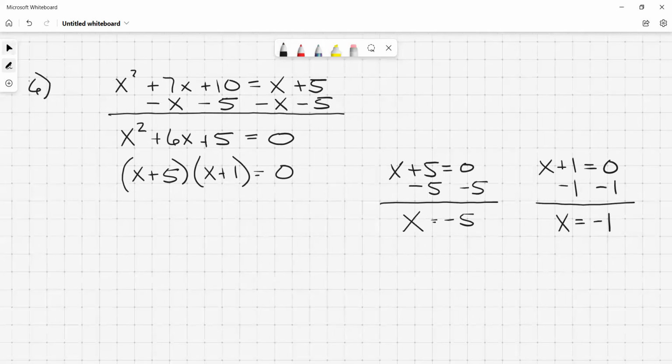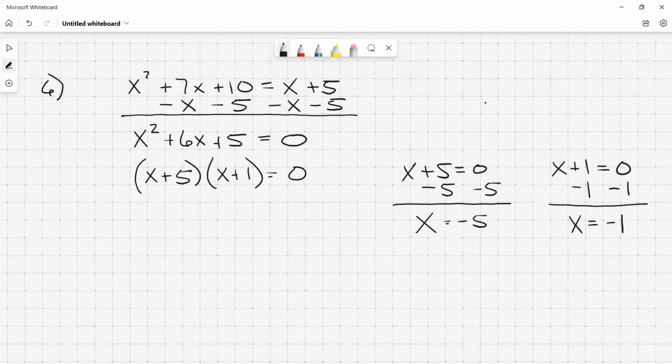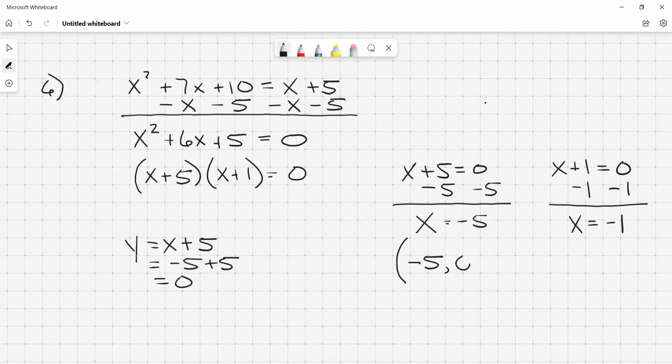Now remember, you had to take each of those x's and substitute them. One of your equations was y equals x plus 5. When we put the -5 in, we get a y that's equal to 0 when x is equal to -5. So one of our points of intersection is at -5 and 0.